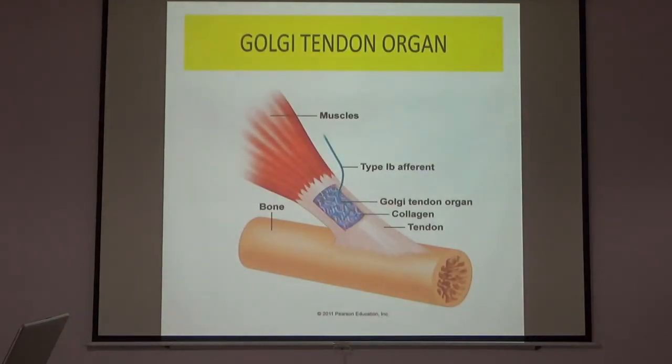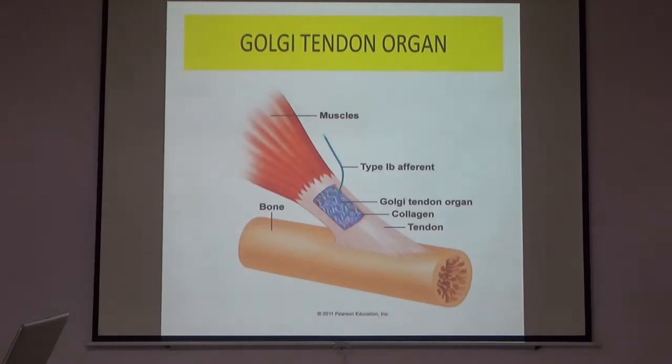Then there was another thing other than the muscle spindle, the Golgi tendon organ, about which we will also talk when we talk today about the spinal reflexes. Just know right now that the Golgi tendon organ is the receptor for the inverse stretch reflex.